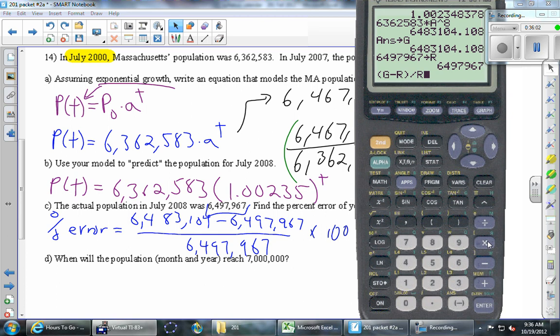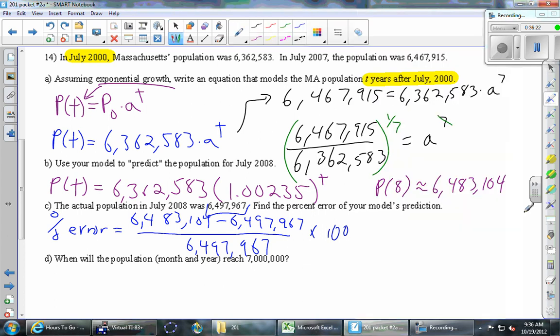Same thing, and then I'll multiply by 100. So our percent error here was, is that 22%? No, that's 0.2%. We've already hit it with the 100. So that's a pretty small error. Our model was quite accurate in terms of predicting this population in 2008. So this is about negative 0.229%. It's small.